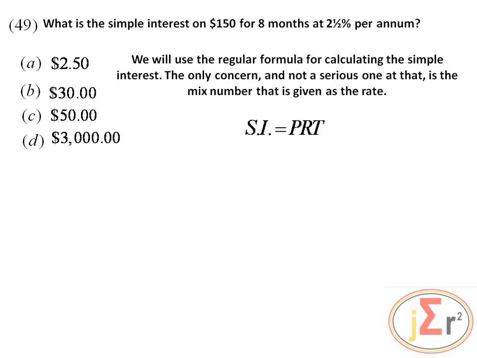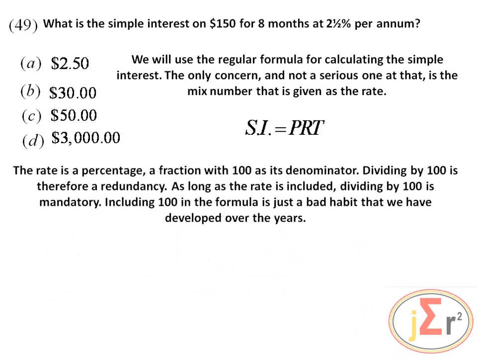So simple interest is equal to principal multiplied by rate multiplied by time. And I know what some students or candidates are saying right now. Where is the divide by 100? The rate is a percentage, a fraction with 100 as its denominator. Dividing by 100 is therefore a redundancy. As long as the rate is included, dividing by 100 is unnecessary.